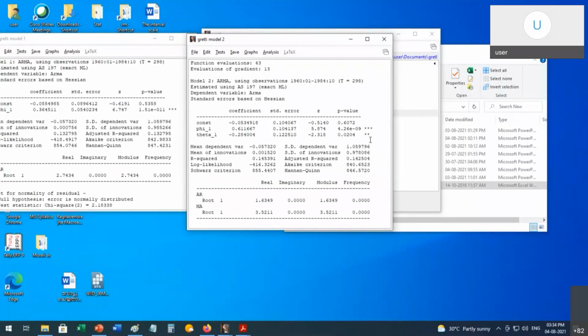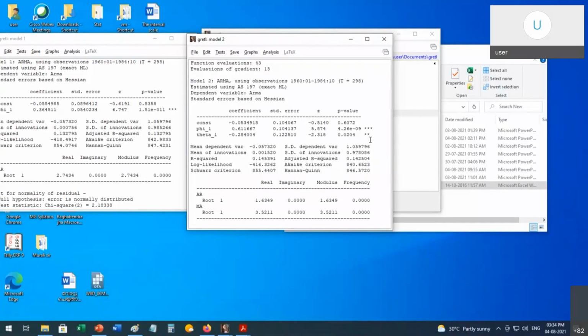So this will go on. And then finally, among all the adequate and significant models, we select the model that has the minimum information criteria. Got the idea? Okay, sir. Yes, so that is why it is called a trial and error method.